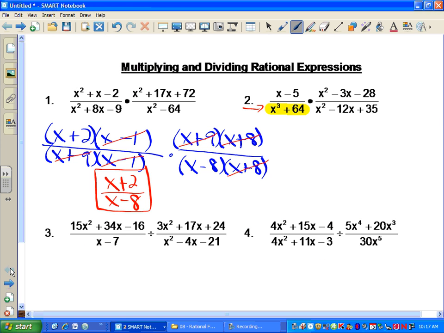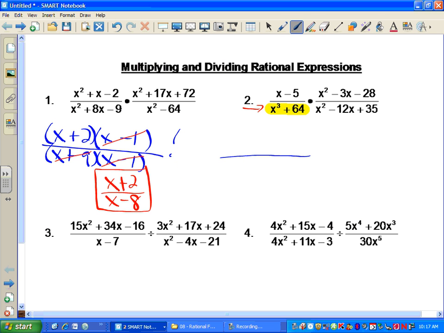So when we go back to our next question, number 2, let's go ahead and put that right here. We had x plus 4, x squared minus 4x plus 16. The top binomial here, x minus 5, is not factorable.